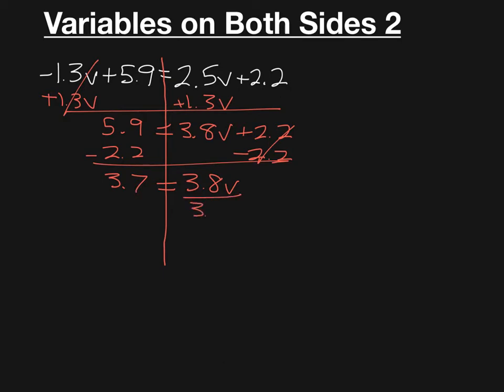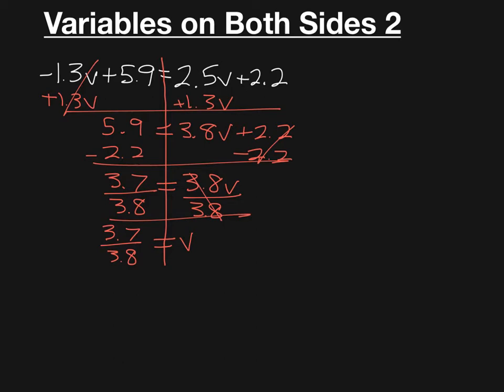Divide by 3.8. Now, I don't need to use a calculator. I also don't really want to do long division to figure out 3.7 divided by 3.8. But I can just make this into a fraction. Even though I'm dividing decimals here, I have 3.7 divided by 3.8. We can think about it as 3.7 over 3.8.